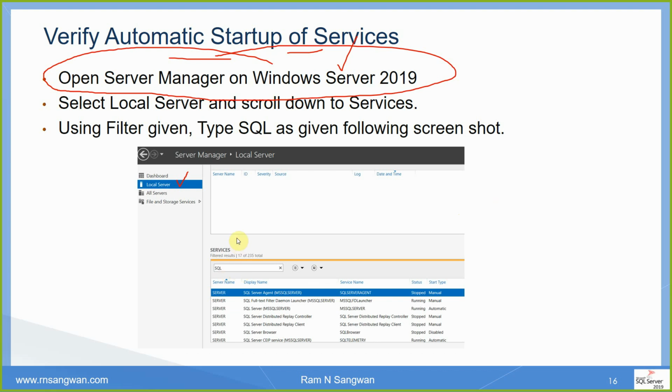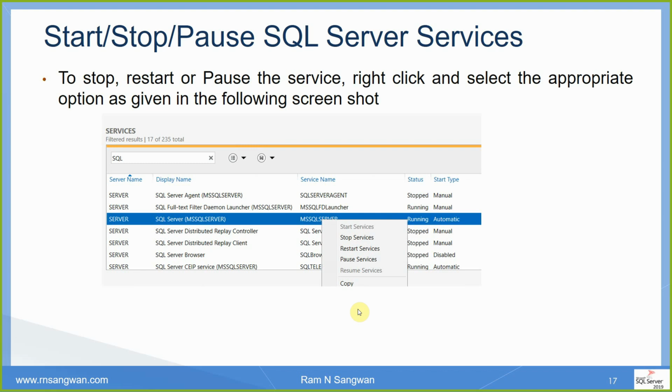Go down, then reach the services and search for SQL Server related services. And here also you'll find the same thing. You can manage the services: start, stop, pause, restart, enable, disable, automatic start, manual start. All the settings are possible here also. So as I said, right click, stop, restart, pause, all facilities.